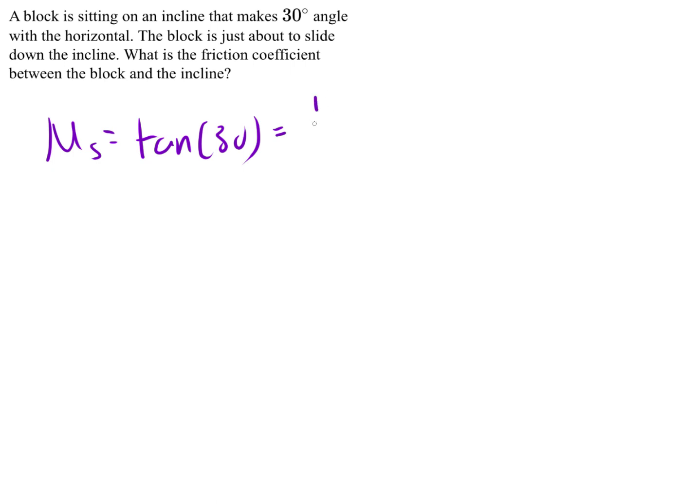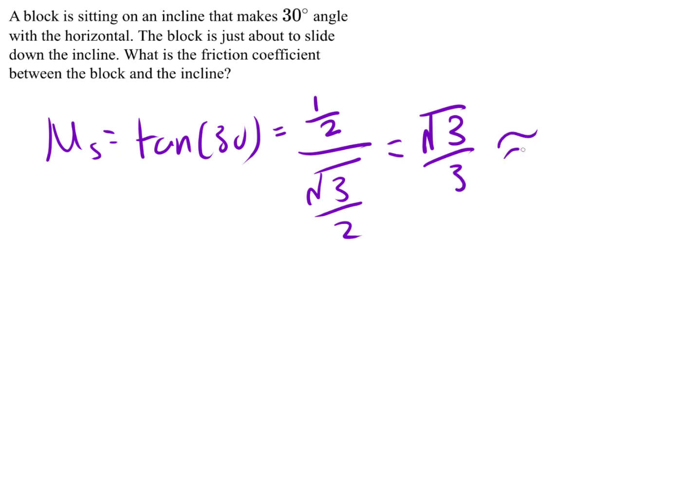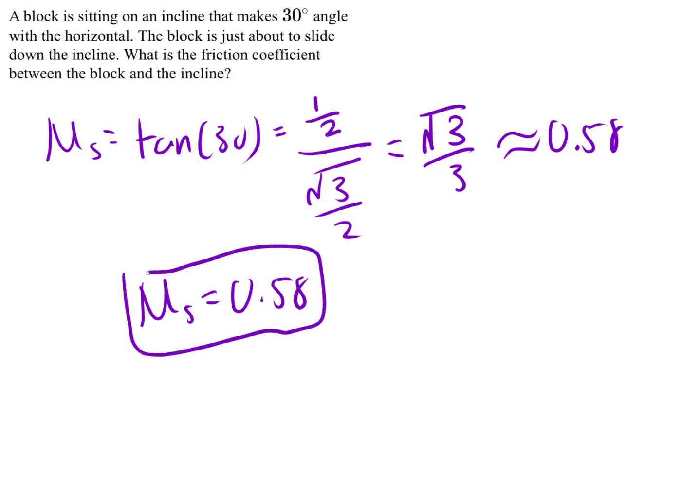So sine 30 is 1 over 2, cosine 30 is square root 3 over 2. This simplifies to square root of 3 over 3, which we can approximate to 0.58. So the coefficient of static friction is about 0.58, and it doesn't have a unit.